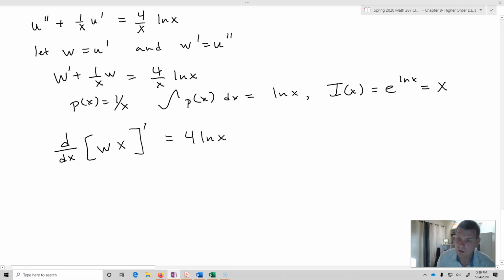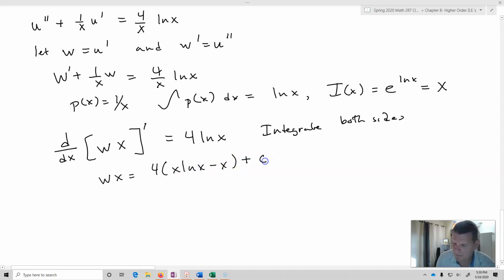Now I just need to take the integral of both sides. What we're left with is wx equals 4 times x ln of x minus x plus c, call it c1.